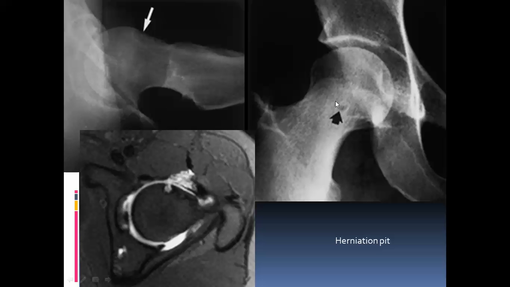Sometimes you get such an appearance. It's called a herniation pit. It appears like that in the MRI, and it may show like an erosion. This is called a herniation pit, and it is of no significance.